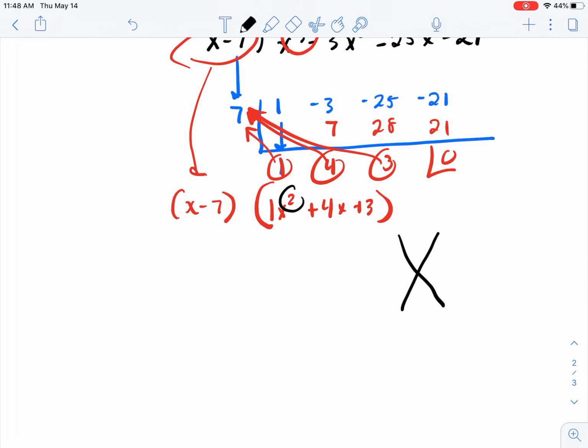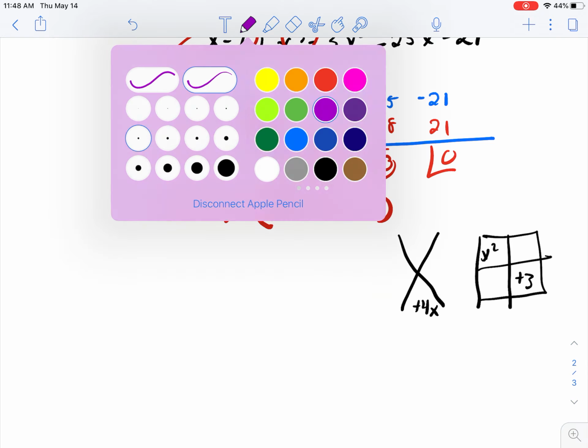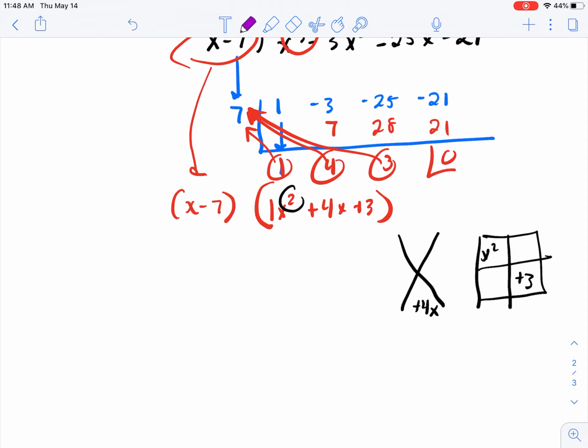I can do this by the X box method. So let's go X in the box. Let's put my values in. So I have x squared plus 3 plus 4x. This would be a positive 3x squared, so you have 3x and positive 1x.